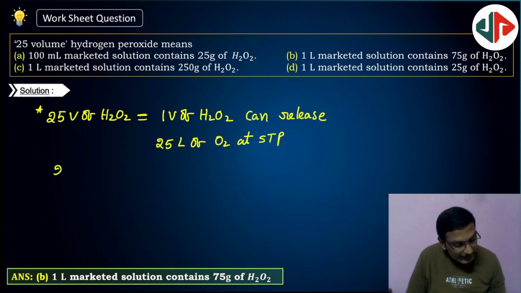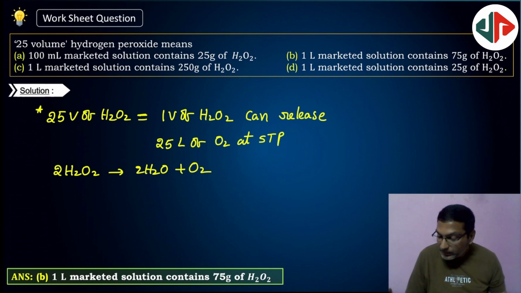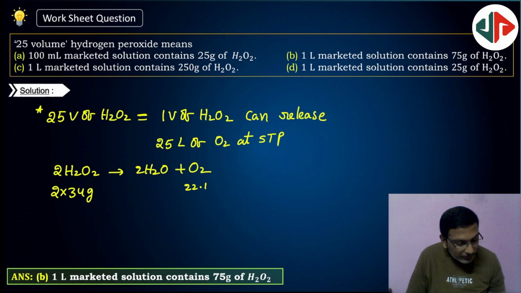So we can write decomposition of H2O2. 2H2O2 decomposes to 2H2O plus O2. So here 2 into 34 grams can release 22.4 liters. But here 25 liters of O2 will be produced by, say, X grams.